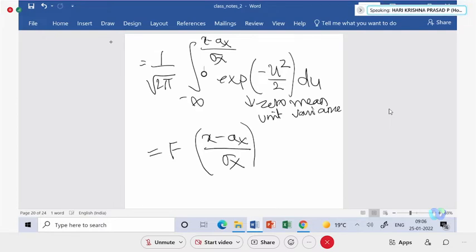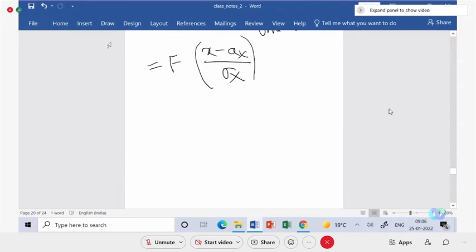That is the difference. Is it okay? So these are different ways of representing the Gaussian density function. A Gaussian density function with arbitrary mean value and variance can be represented in terms of a Gaussian distribution function with zero mean and unit variance.